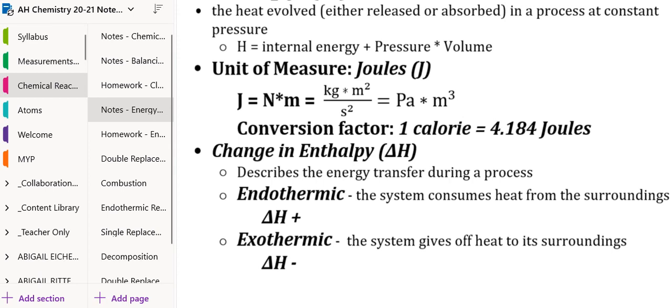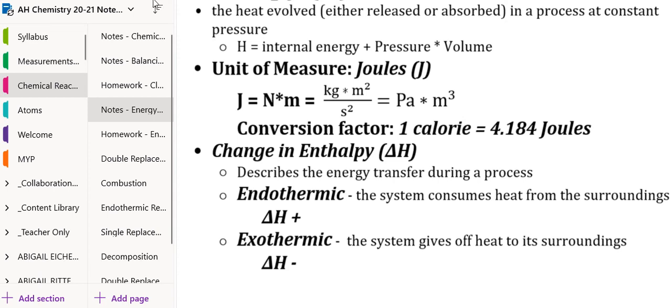We talked about endothermic and exothermic processes when we were talking about reactions. So what do we say an endothermic process means? Energy has to be absorbed, right? So in terms of a chemical reaction, when we say the system, we mean the reaction. So the reaction has to take in heat energy from the surroundings in order for the reaction to occur.